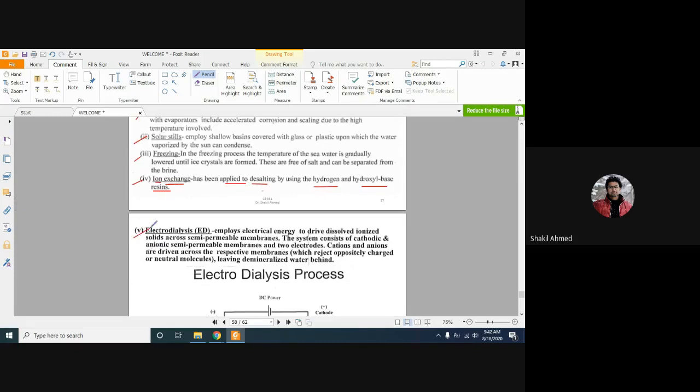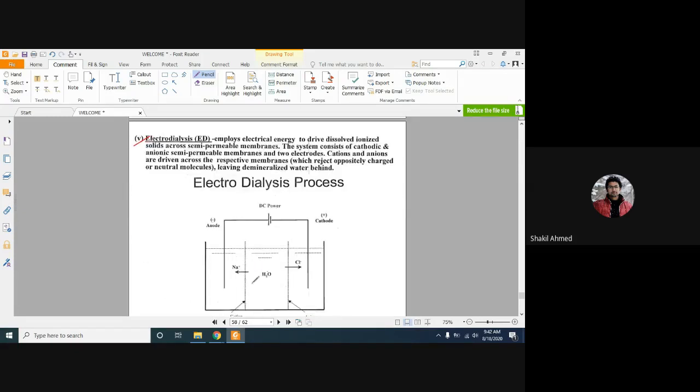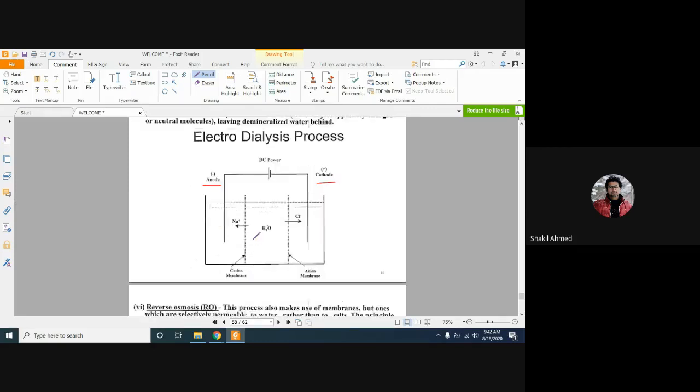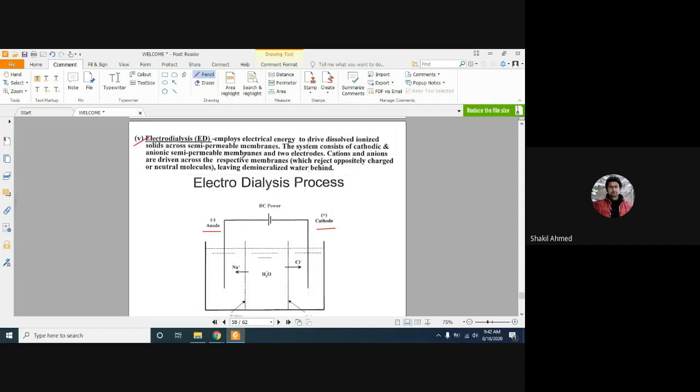Electrodialysis, that's another process. You use electricity, anode and cathode, and you use a membrane here where only sodium can pass, nothing else can pass. It employs electrical energy to drive dissolved ionized solids across a semi-permeable membrane.